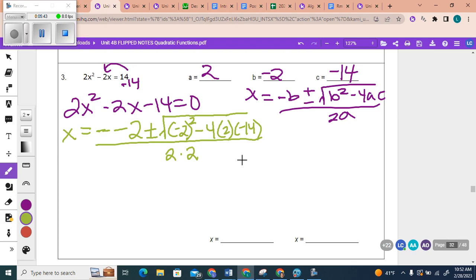Yes, it looks like a lot. That's okay. All right. Then what? You just simplify, right? 2 negatives is a positive 2 plus or minus the square root.